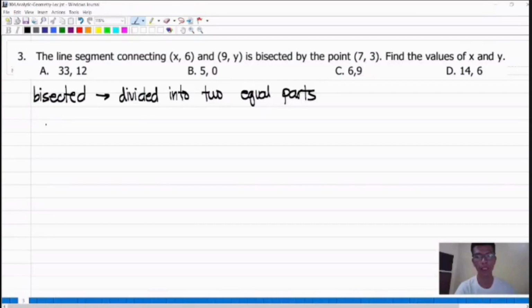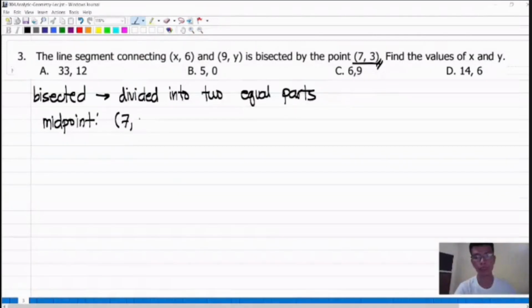The point na nag-ate sa line segment na yun is the point 7,3. Meaning, the point 7,3 is the midpoint. Wherein, yung 7, siya yung x sub m natin, and yung 3 naman, siya naman yung y sub m. So, yung sub m, meaning midpoint.